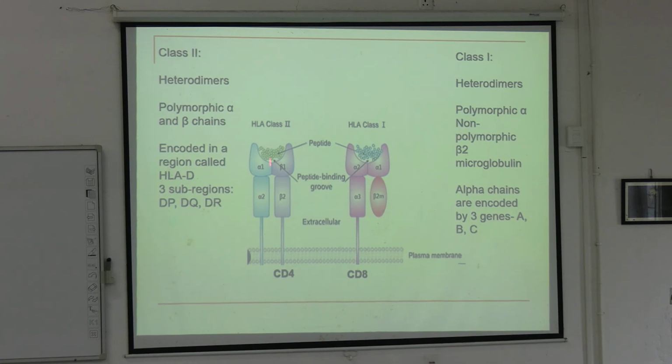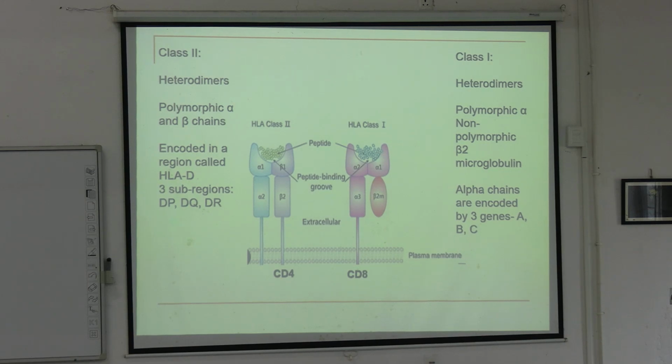Now the beta 2 domain of MHC class 2 has a binding site for CD4 plus T lymphocytes. These CD4 plus T lymphocytes are MHC class 2 restricted, okay. As you know, what is MHC class 2 restricted?